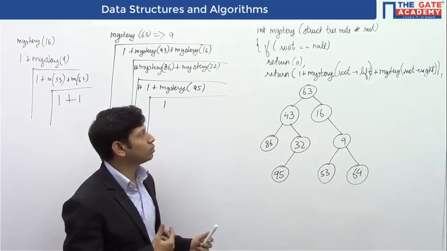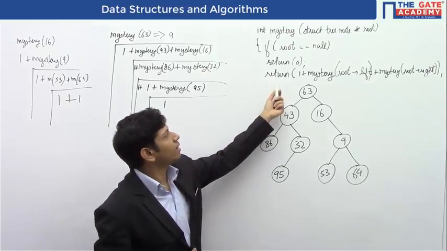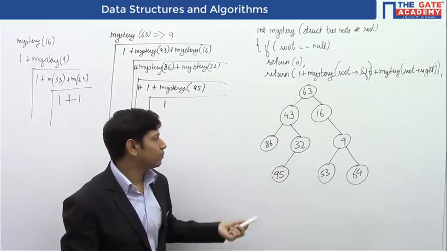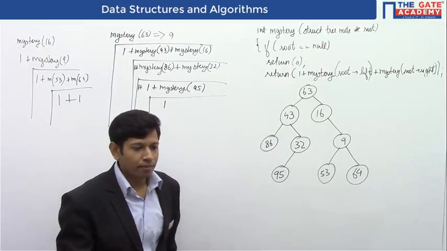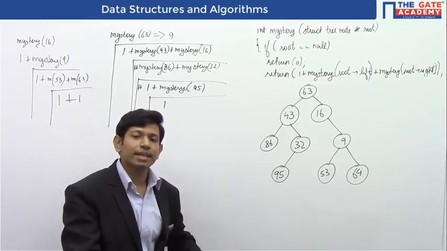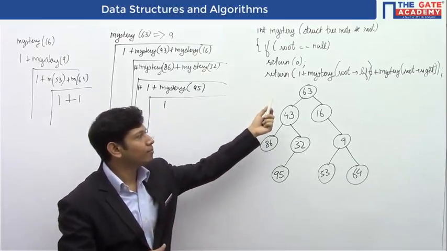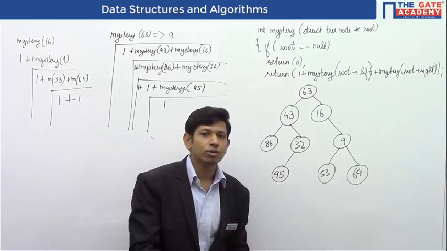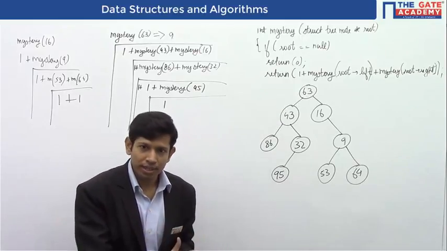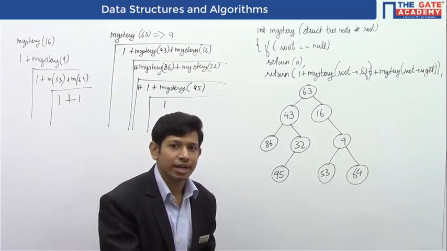Next thing it is doing is returning 1 whenever there is some node. That means for all those nodes which exist, it is returning 1. And then it is again calling the same function for the left child and the right child. So for each node, it adds 1 and calls the function for its children.